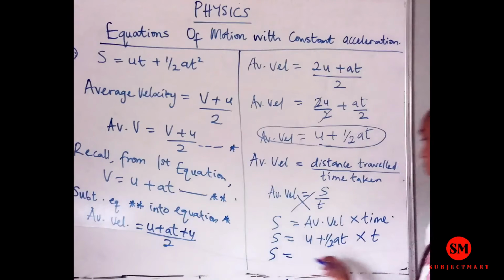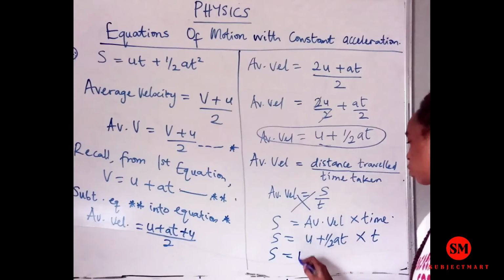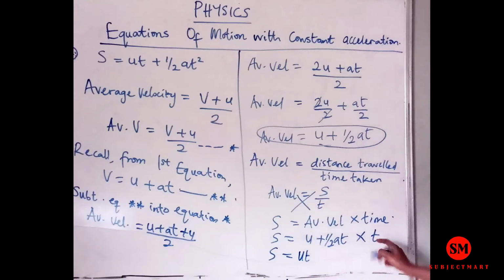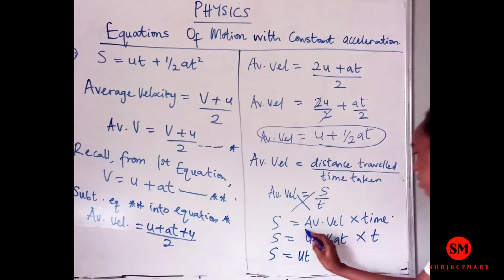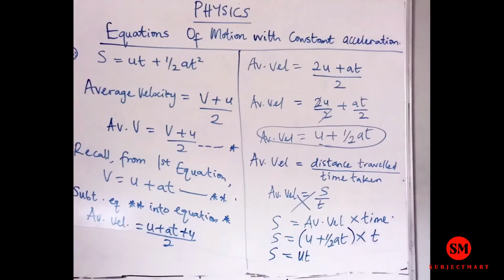So we have this. I hope you know that this t multiplies this, and at the same time it multiplies this. But a better way to write it is this way.